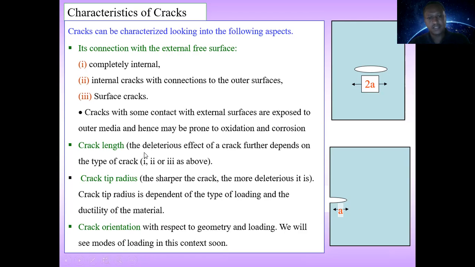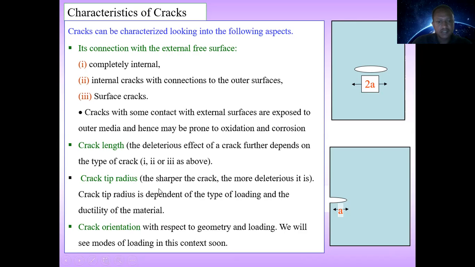The deleterious effect of the crack further depends on the type of crack. That is crack first, second, or third, as shown here: completely internal crack, crack with connection to the outer surface, or surface crack. Okay, crack tip radius.